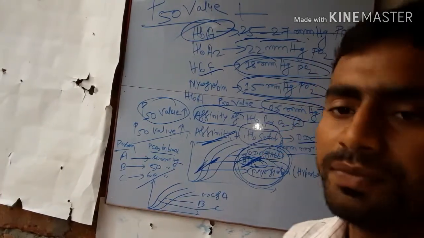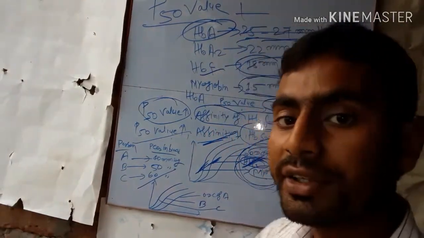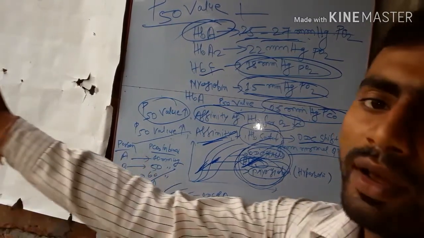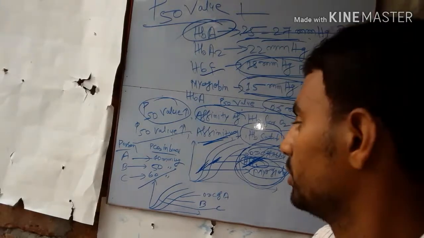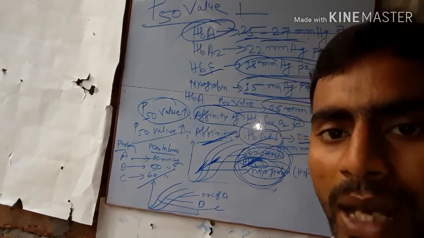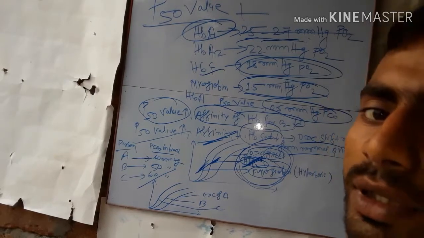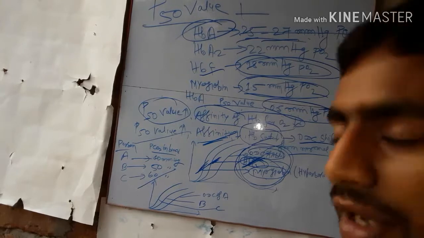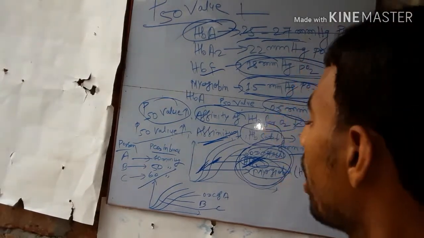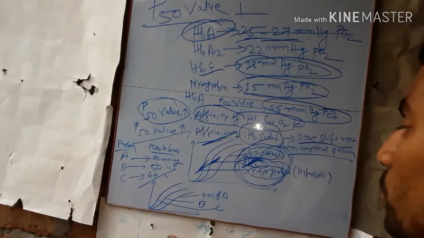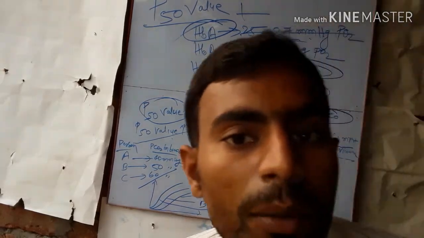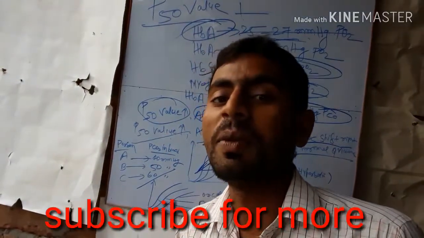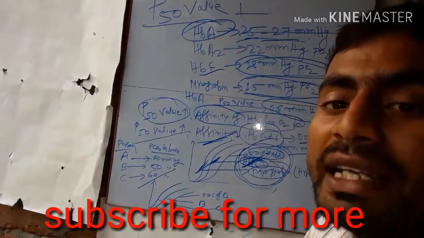In this, where the CO2 amount is greater, the curve shifts to the left side, and where the CO2 is lower, the curve shifts to the right side. Where the CO2 is maximum, it shifts left in CO2.